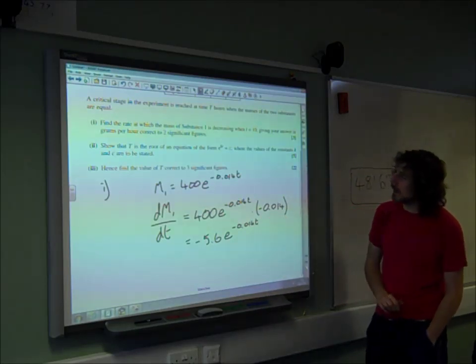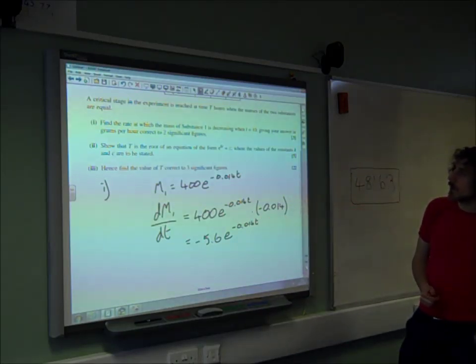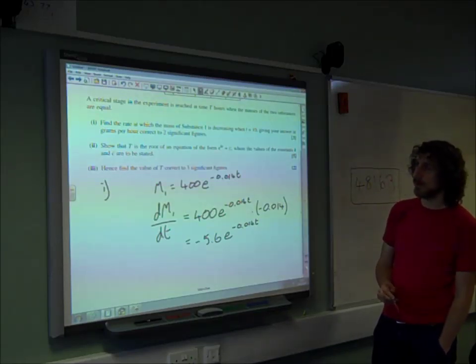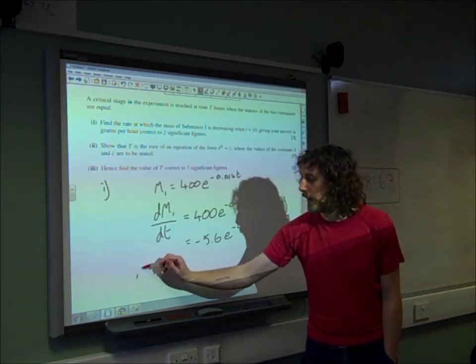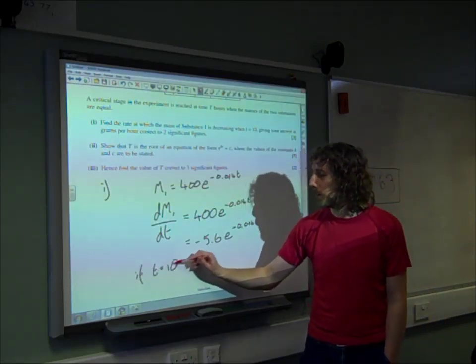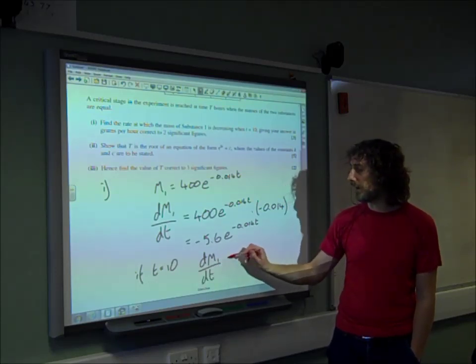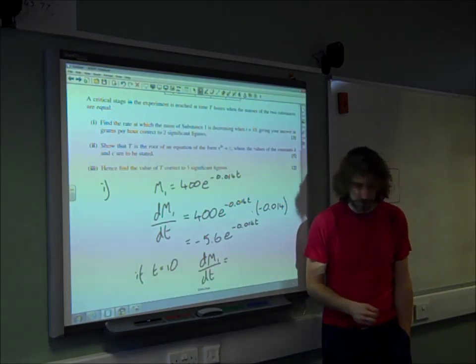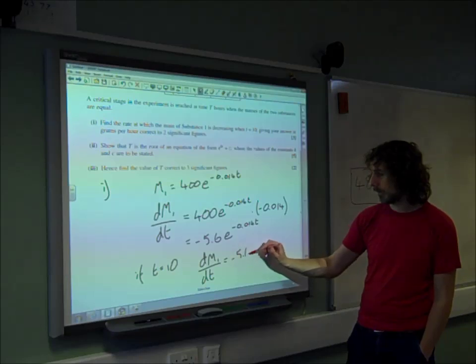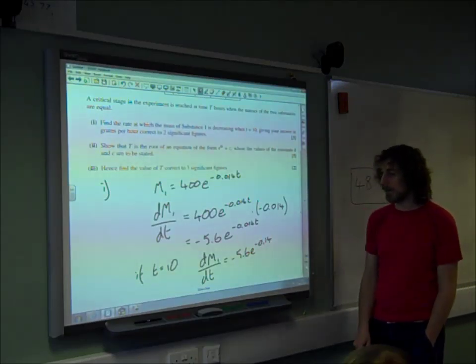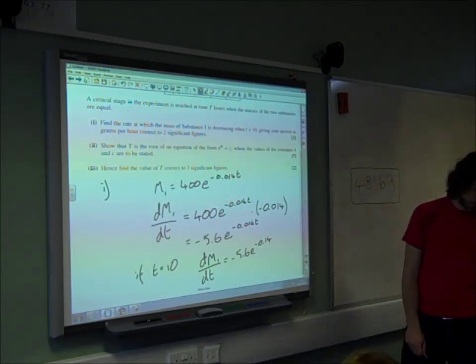And the question said when t equals 10, and it wants the answer correct to two significant figures. So if t equals 10, we put 10 into that expression, and dM1 by dt would be minus 5.6 e to the minus 0.14.